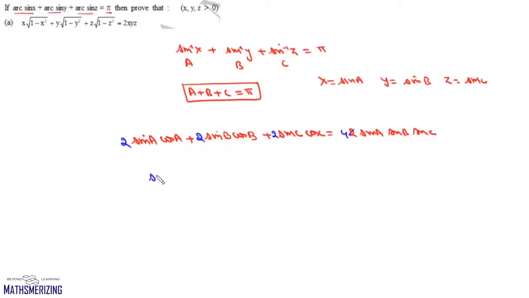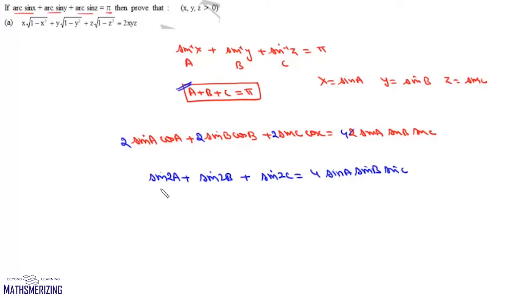So now we can write it as sine 2a plus sine 2b plus sine 2c, and it is equal to 4 sine a sine b sine c, which is nothing but a conditional identity. So now we are given this condition and we need to prove this conditional identity.